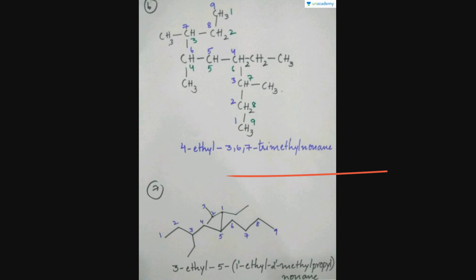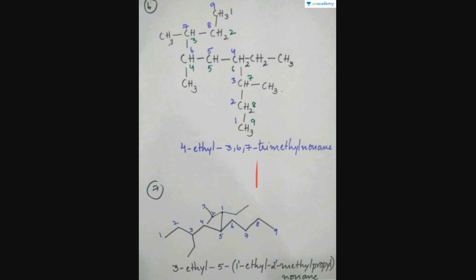In the 7th compound, this is a complex compound. First identify the parent chain. This is the parent chain, and these are the substituents, and here we have a substituted substituent. That is 3-ethyl. We have 2 carbons, so it is 3-ethyl. And on the 5th carbon, we have a substituted substituent. So we write it as 1'.